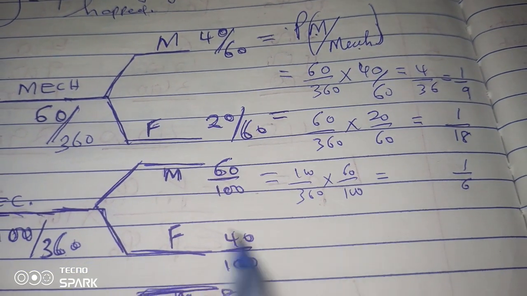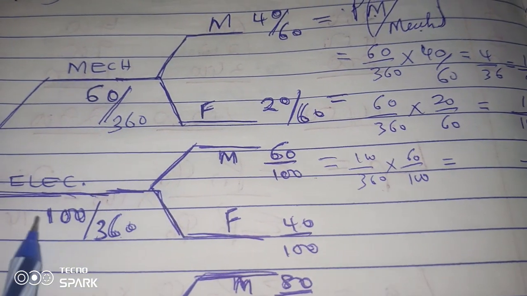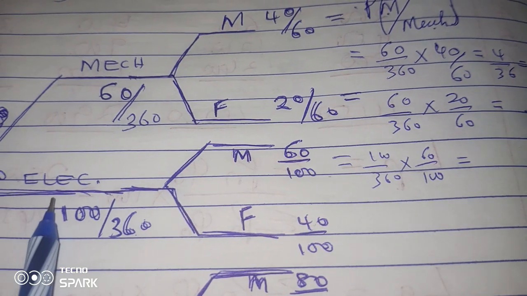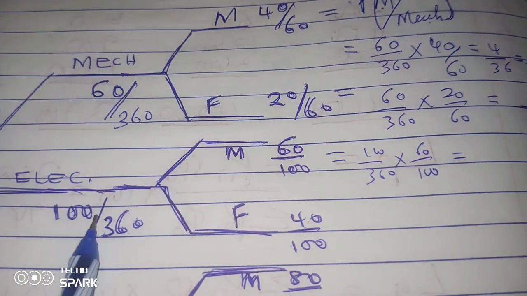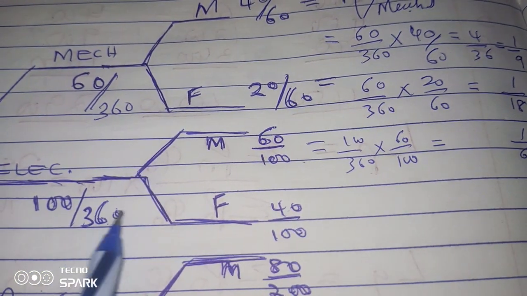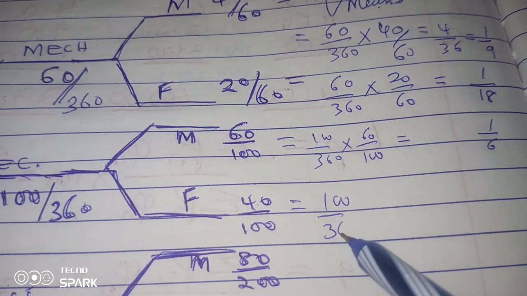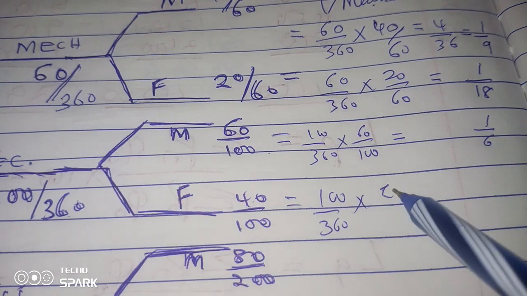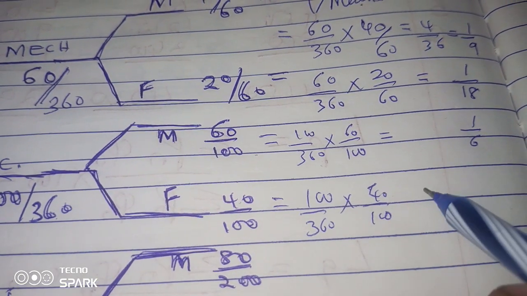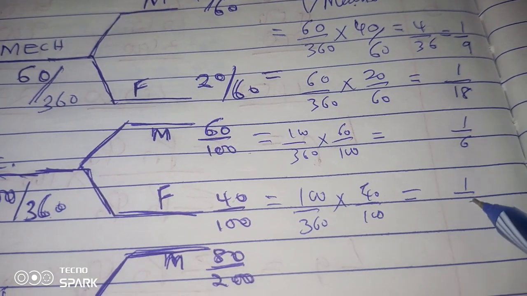Again, following the same route, the probability of picking a female in electrical would again be the multiplication of the two probabilities. That would be 100 over 360 multiplied by 40 over 100, and that gives me 1 out of 9.